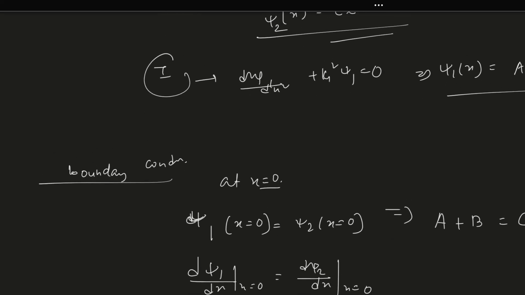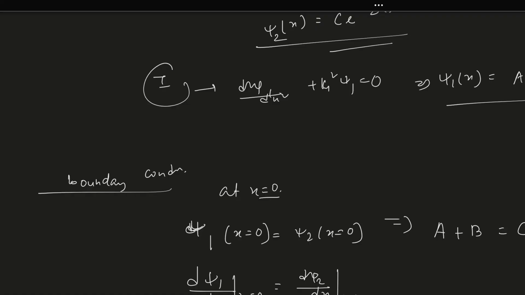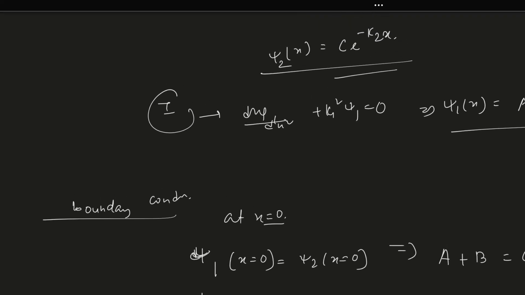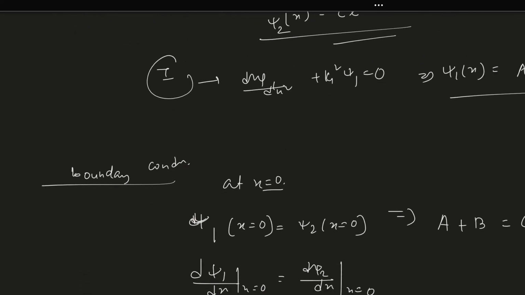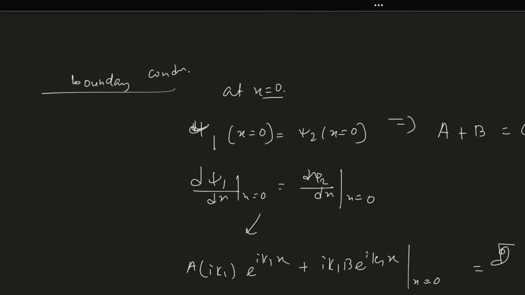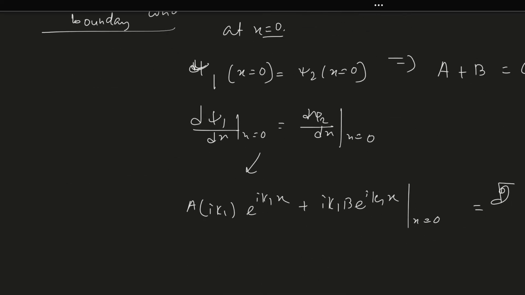But here this is A i k1 e to the power of i k1x plus i k1 B e to the power of minus i k1x at x equal to 0, equal to minus C k2 e to the power of minus k2x. Now you put the value at x equal to 0.